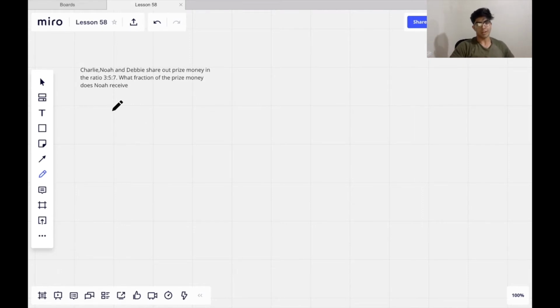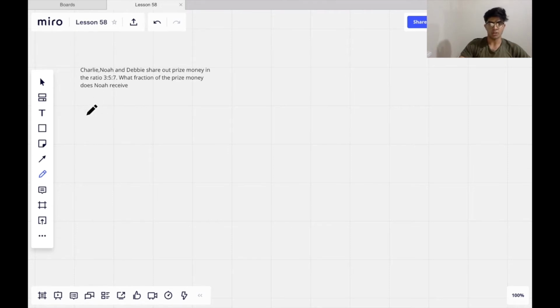Okay, so I'll do the hard way first, and then I'll do the easy trick. When we have questions like this, remember what we do: since we have unknowns, we give them variable names, such as x, y, and z. Or in this case, we'll do c, d, and n.